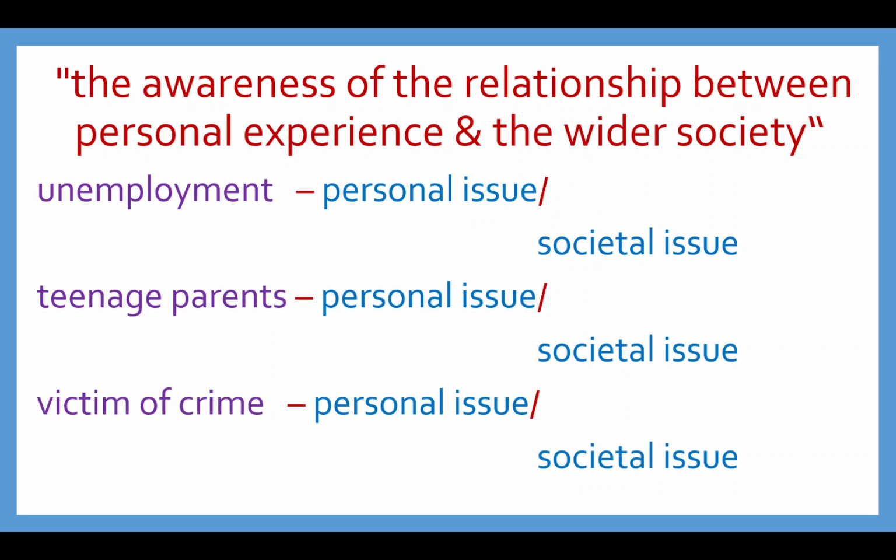We could look at rates of young single mothers. They have an effect on society, and they are affected by wider society. If you are a victim of crime, you experience that on a personal level, but that's also affected by rates of crime on a wider level, and those rates are affected by society.